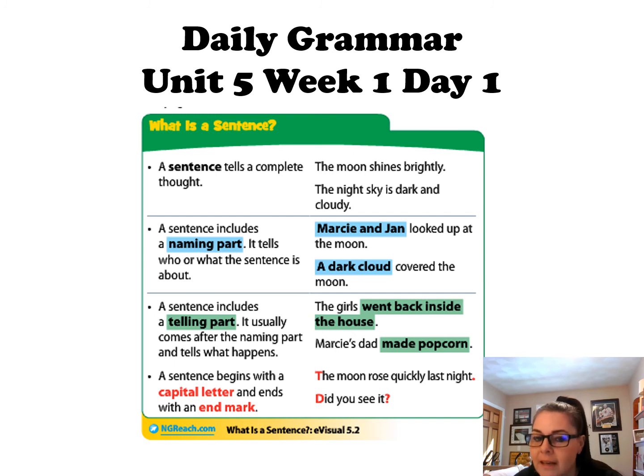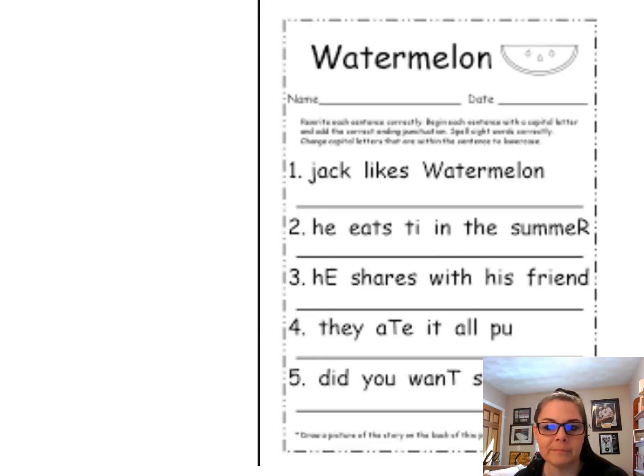And then it has to have a telling part that comes after the naming part usually, that tells you what happens. A complete sentence also needs to have a capital letter at the beginning and an end mark at the end. If you forget one of those things, it's not a complete sentence. And something that's not on here that we like to remember when we're writing sentences is to put a finger space between the words. Very good.